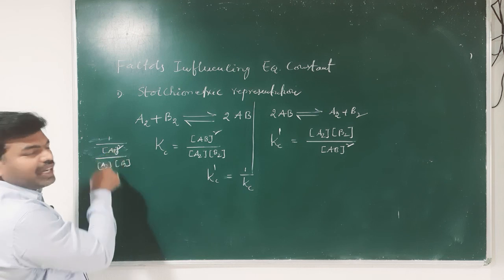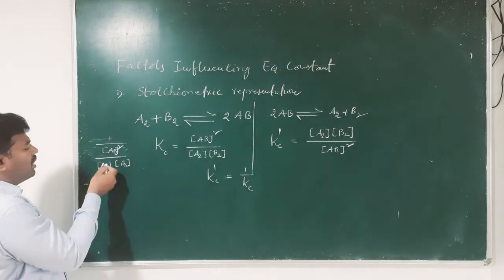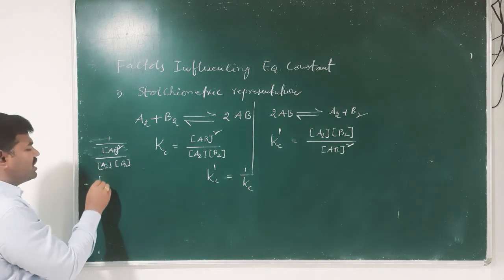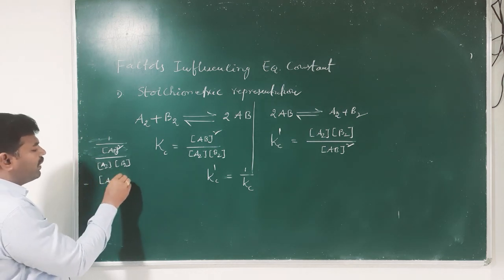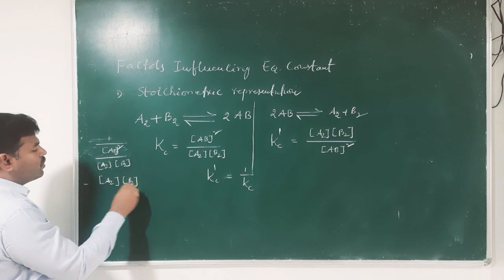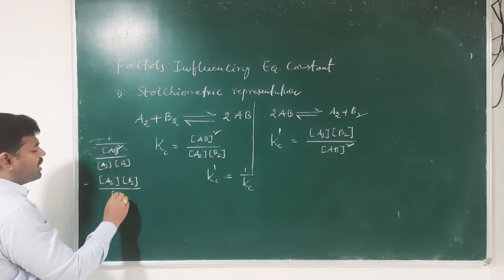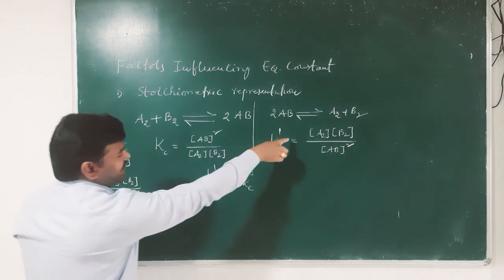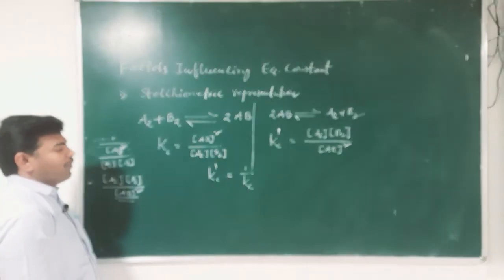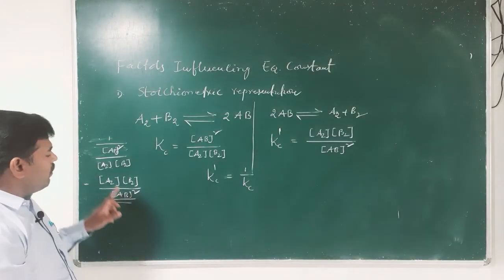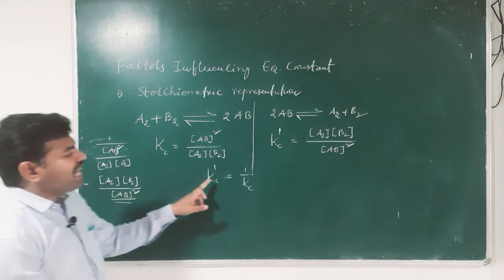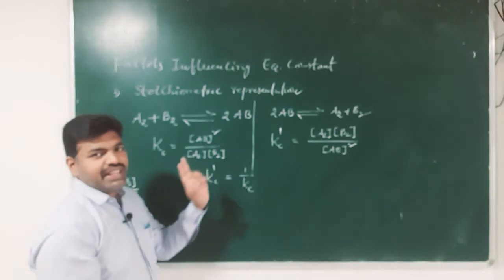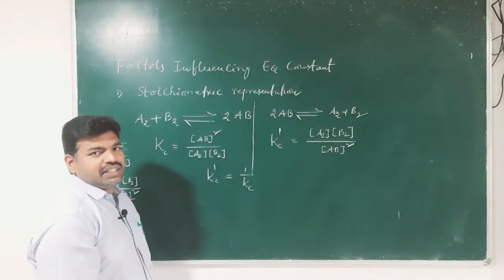This fraction becomes, the denominator goes to the numerator, that is concentration of A2 into concentration of B2 by concentration of AB square. So, it is Kc dash. So, we can write Kc dash is equal to 1 by Kc, or Kc is equal to 1 by Kc dash.